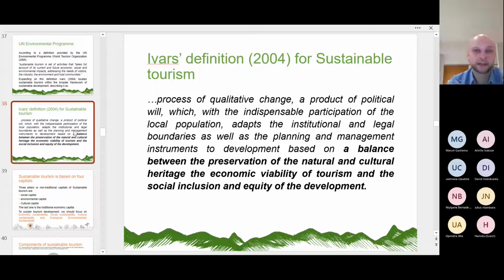So he defined sustainable tourism as a process of qualitative change, a product of political will, which with the indispensable participation of the local population adapts the institutional and legal boundaries, as well as the planning and management instruments, to development based on a balance between the preservation of the natural and cultural heritage, the economic viability of tourism, and the social inclusion and equity of the development.